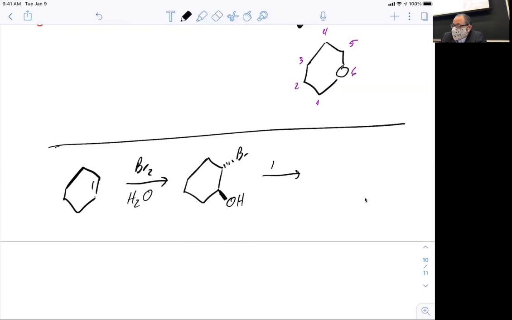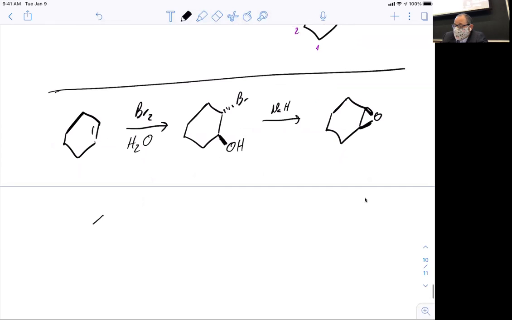Then if I took and I added a good quantitative base, what I'll end up with is the epoxide. Now the epoxide is a specific type of ether, but if we look at it, it's an oxygen between 2 carbons, right? Epoxides are specifically 3-membered rings, but this is in the area of an intramolecular Williamson ether synthesis.